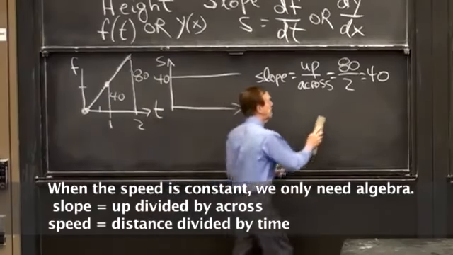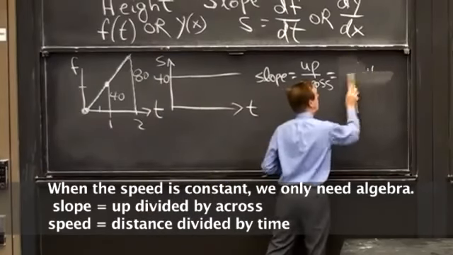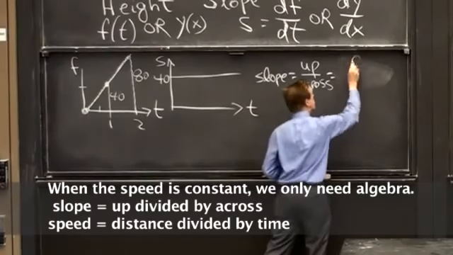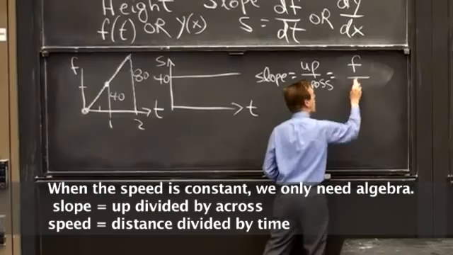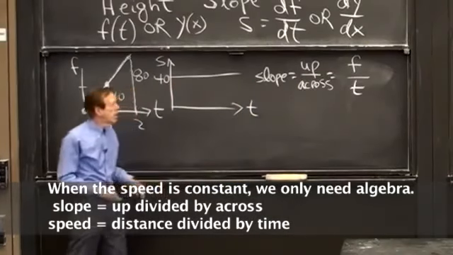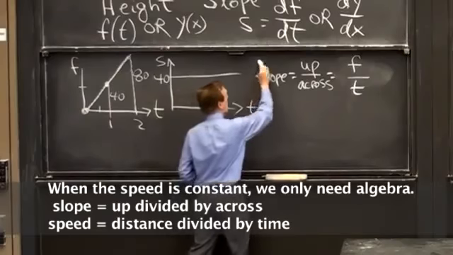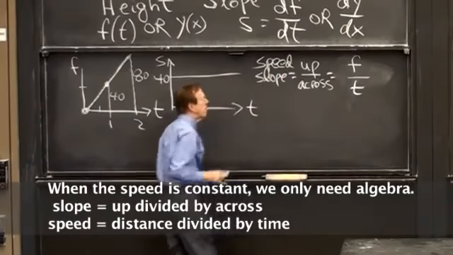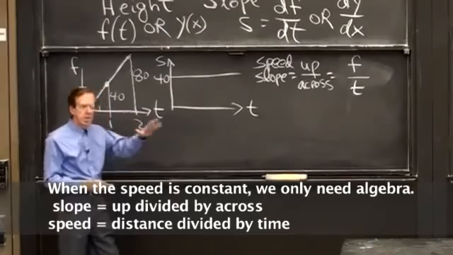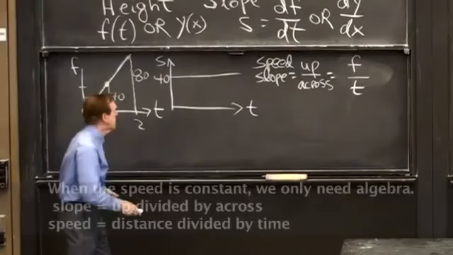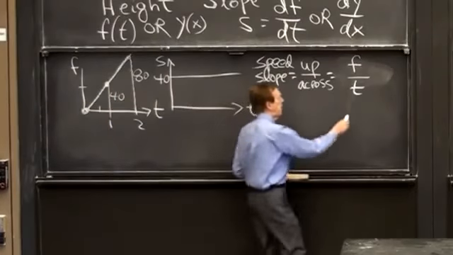Because the speed is constant, we can just divide the distance by the time to find the slope, and let me write speed also. Up over across, distance over time, f over t, that gives us s. This is s.